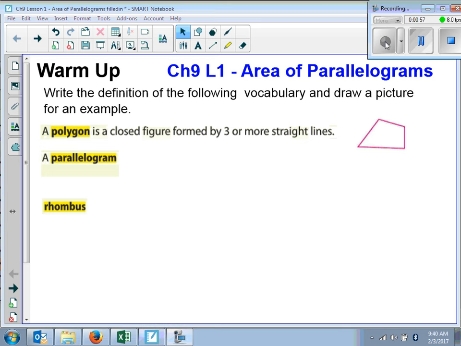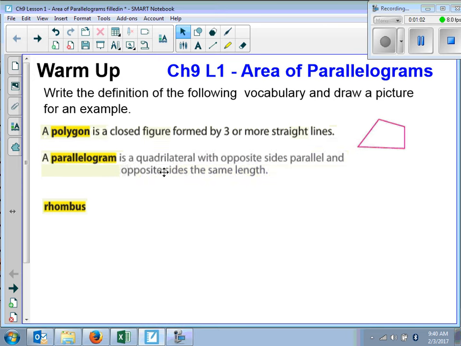Okay? All right, a parallelogram. A parallelogram is a quadrilateral. What's a quadrilateral? Has how many sides? 4, very good. A parallelogram is a quadrilateral with opposite sides parallel and opposite sides the same length. Okay?